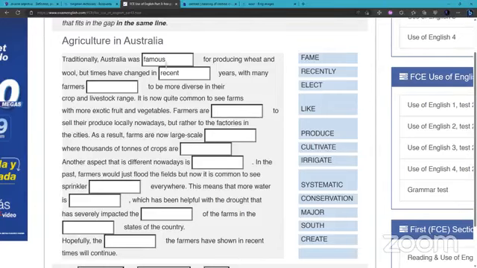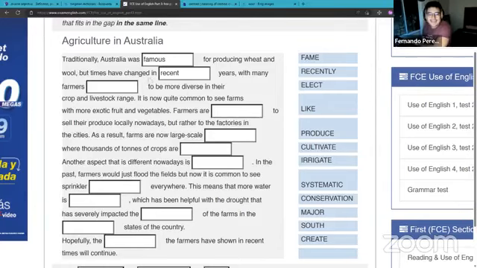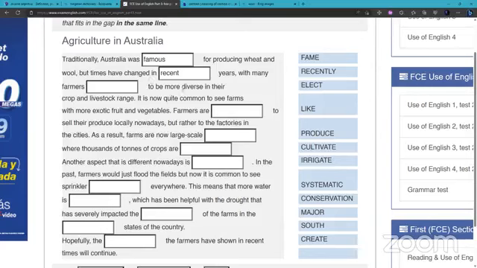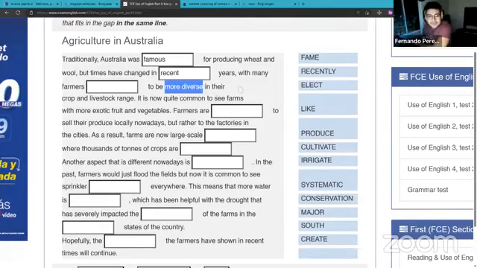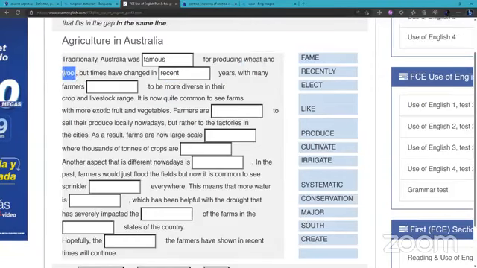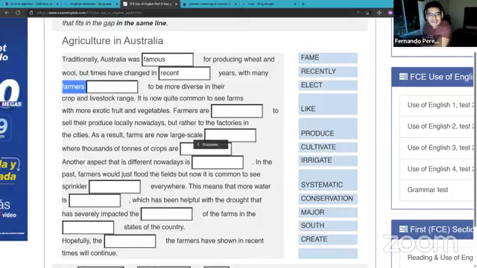So something has happened in recent years because now Australia is different. Australia produces more diverse crops, more than wheat and wool only. So what has happened to farmers recently?